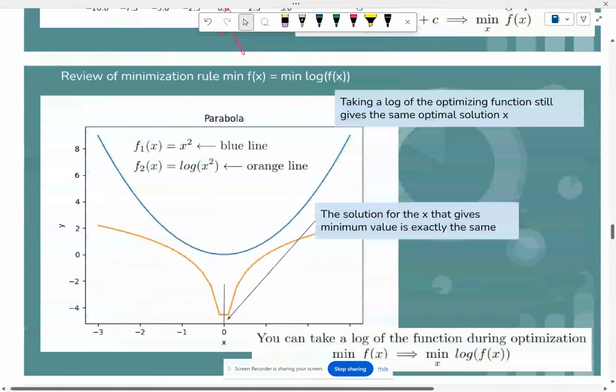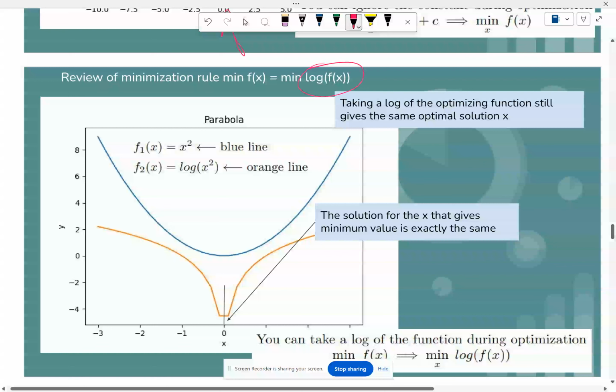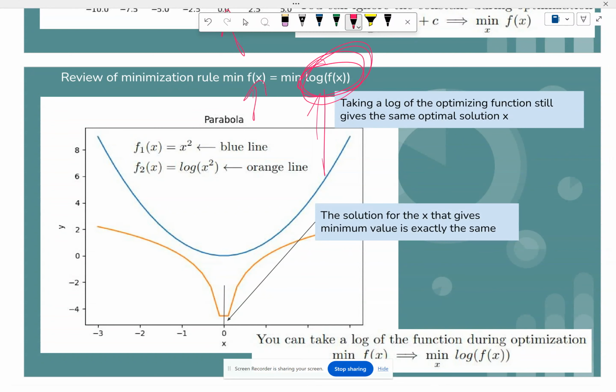Next, minimization if you take the log. If you have a function and you take the log of that function, it will look something like this. See the orange? When you do that, the minimization is still the same. Therefore, when you take the log, that is okay. The solution is also the same.